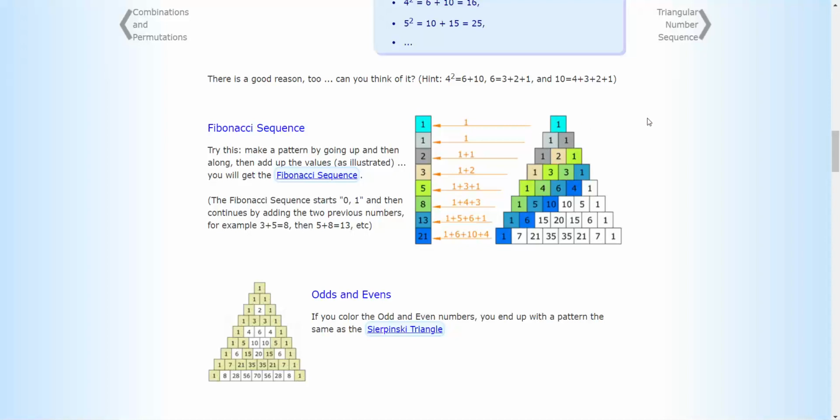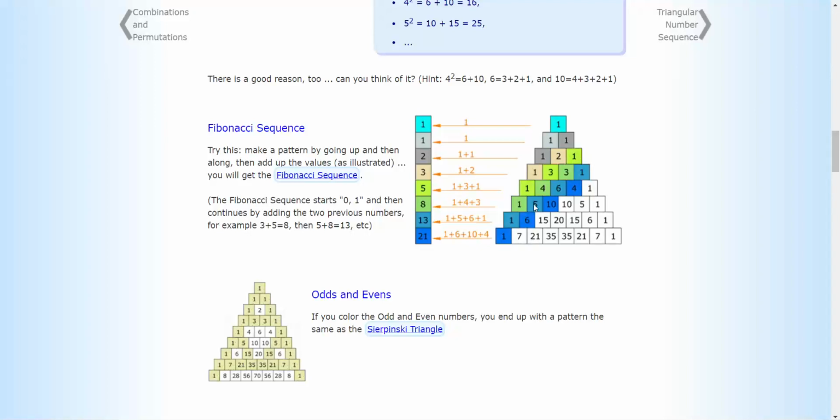Then 1, 2, going up, there is no third column here. Then 1, next to it is 4, on top of it is 3, next to it is 3, on top of it is 1, next to it is null.